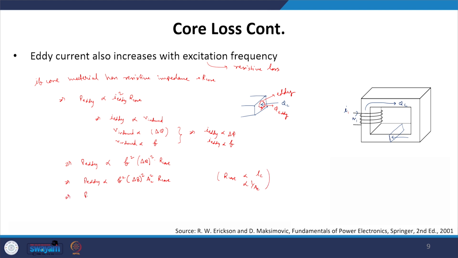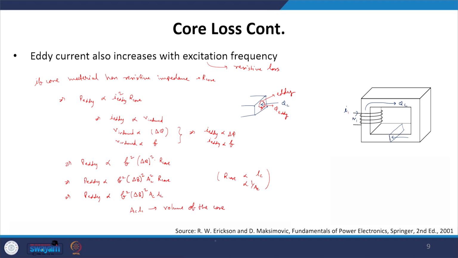That implies my eddy current loss is proportional to F square delta V square, and this will become AC times LC. Now this AC times LC is nothing but the volume of the core.